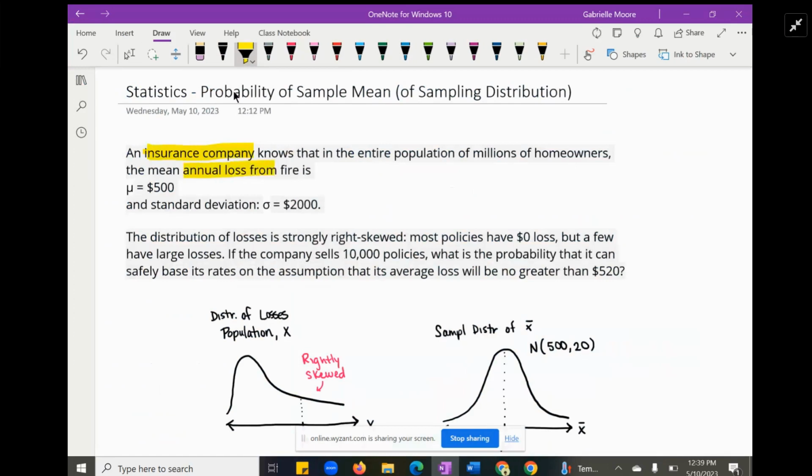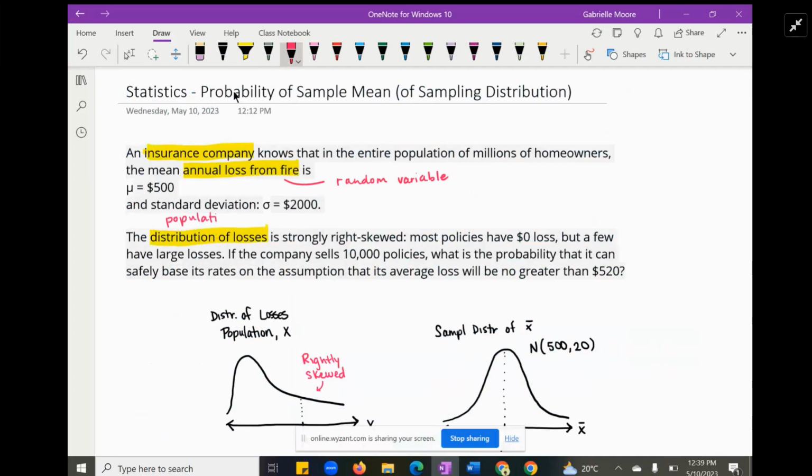Now that has to do with what we call our random variable, which you can think of as the focus of the study, right? What is the study's interest? And this goes back to like the first chapter, the first topic in the entire course of statistics, right? This is our variable. Now, they tell us that the distribution of losses, remember that is of the population.